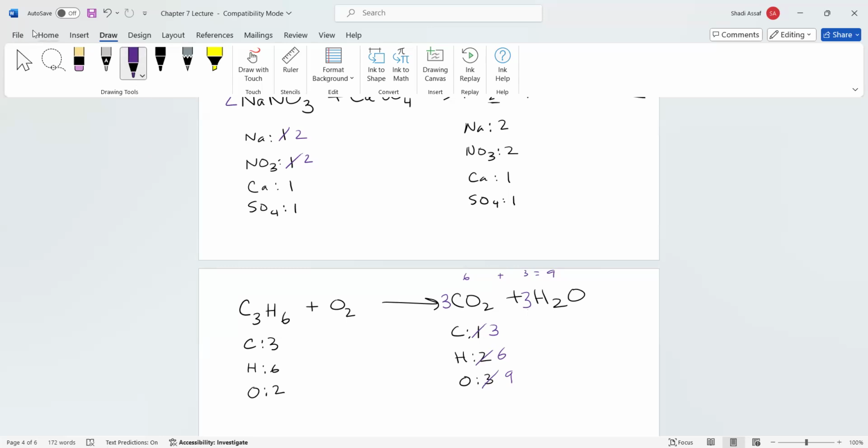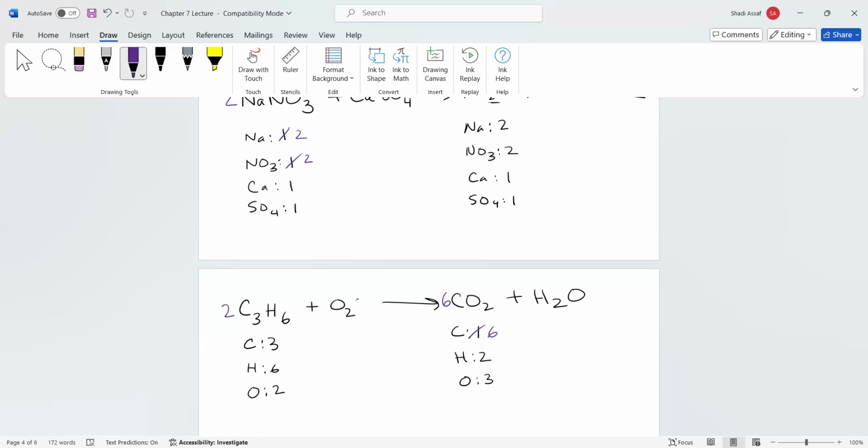So in this case, we're going to just start over, and we're going to erase that. Double this number. So we're going to put a 6 here.